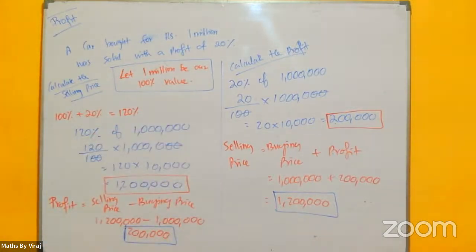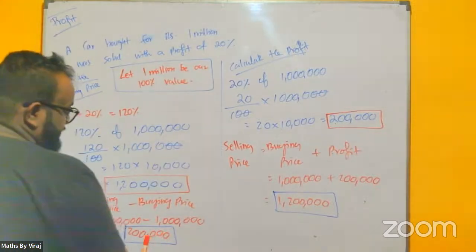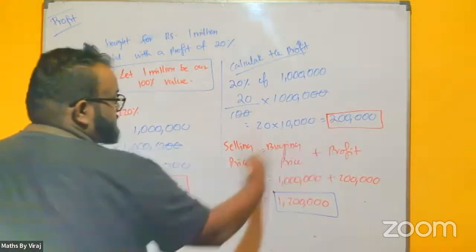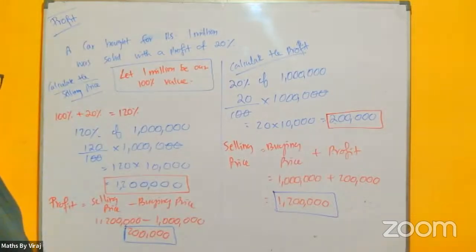If we had to calculate the profit directly, what would it be? 20% of 1 million, that is 200,000. Now you see that this 200,000 and this 200,000 are both the same. Irrelevant of the calculation method, or in which part of the calculation we get the answer.